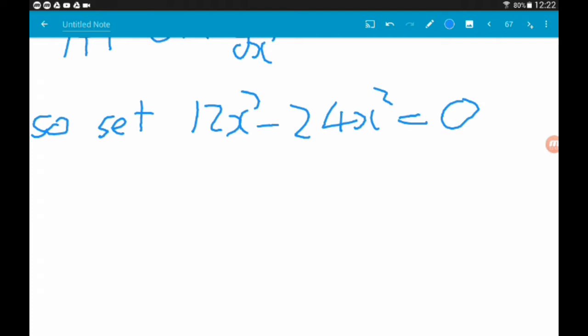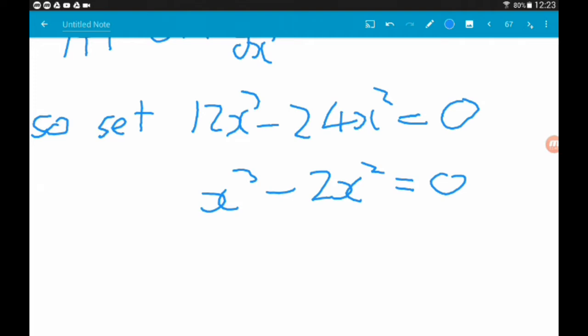So, numerically here, we have a common factor of 12. So the first thing we can do is divide that away. So we get x cubed minus 2x squared is equal to 0. Now we also have a common factor here of x squared.